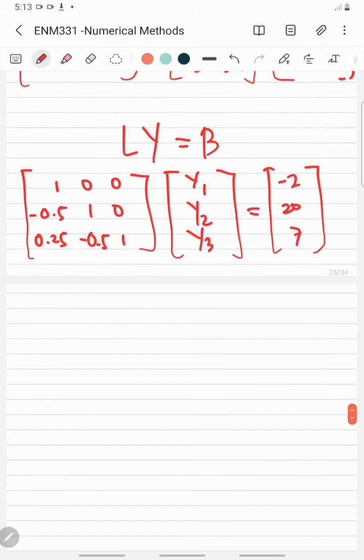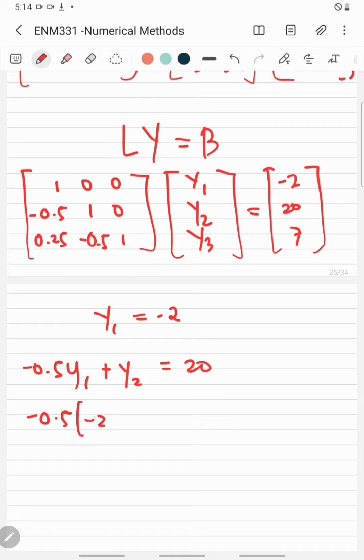Okay, so from our matrix, for the first equation, we can directly determine the value of y1, which is equal to -2. Then for our second equation, we have to find the value of y2. So we have negative 0.5 y1 plus y2 is equal to 20. So we substitute the value of y1, which is -2.